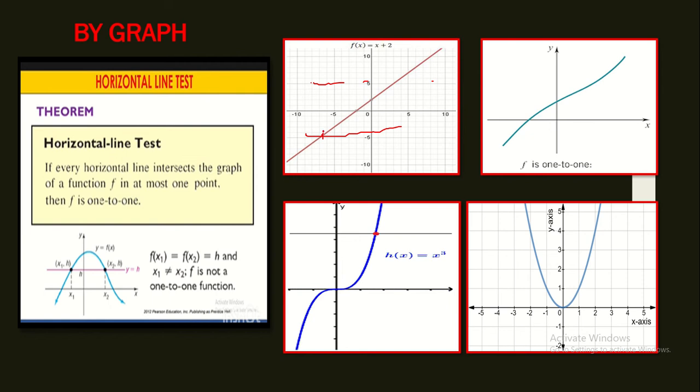Ayan. Kaya siya kino-consider as one-to-one function. Eto, same din. Kung guguhit ako ng straight line dito, isang beses din siyang tumama, di ba? Ito, meron na siyang guhit. Ayun, isa lang. Pero, sa last graph natin, ayan, may guhit tayo. Meron tayong dalawang points. Okay?